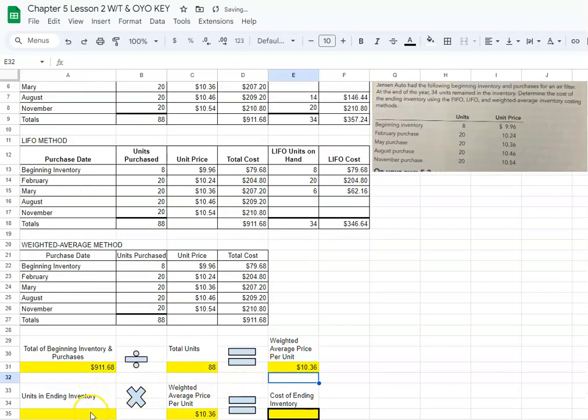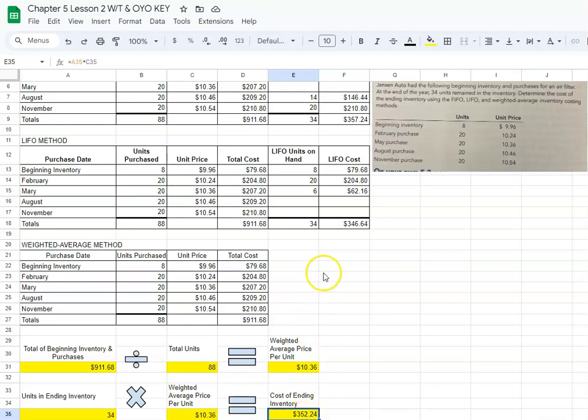Okay, so our units in ending inventory, that was 34. Our weighted average price per unit was the 1036 we just calculated. So our cost of ending inventory would just be 34 times the 1036 weighted average, 352.24.